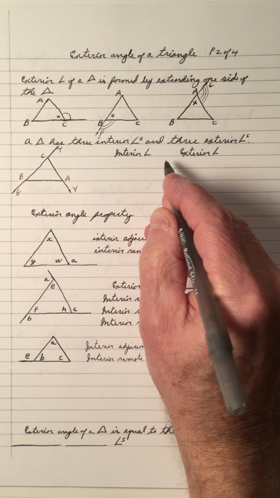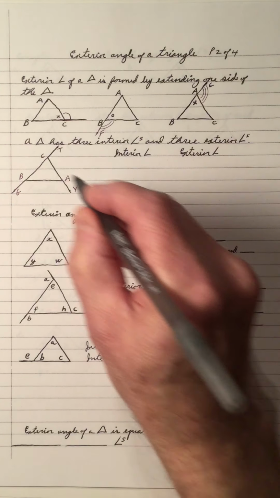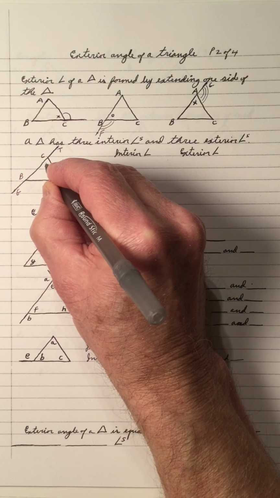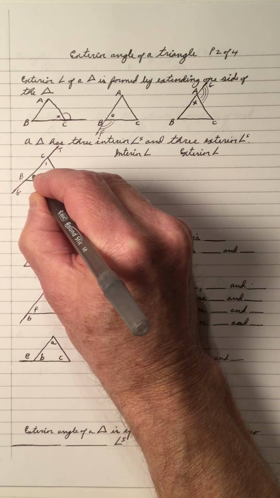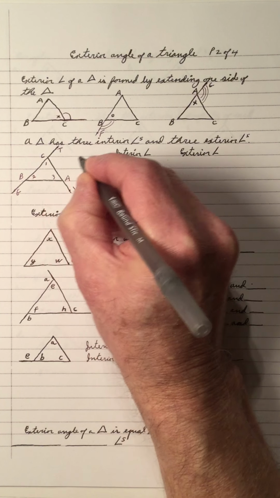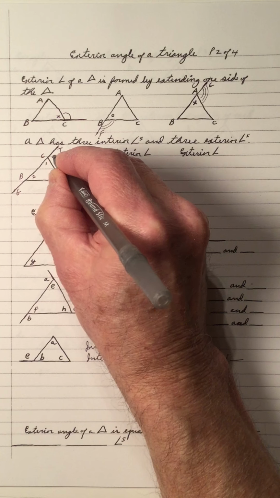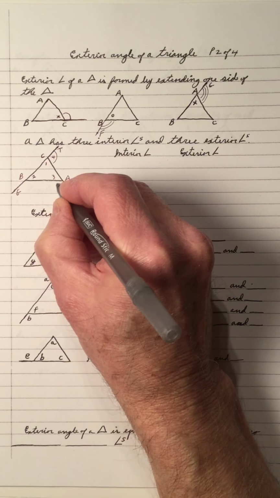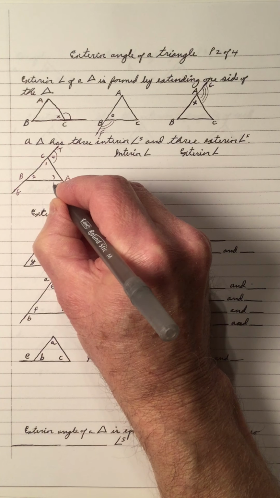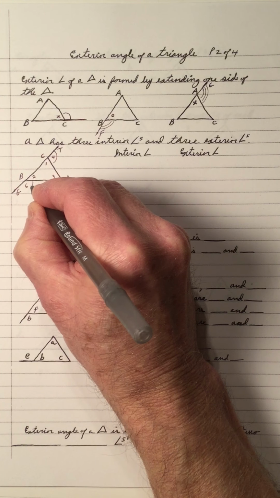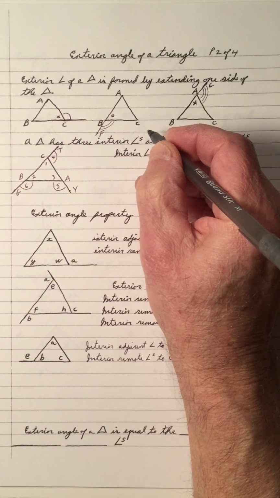The interior angles I'm going to mark right here as 1, 2, and 3. And for the exterior angles, I'm going to put a 4 right here to indicate this angle, a 5 right here to indicate this angle, and a 6 right here to indicate this angle.